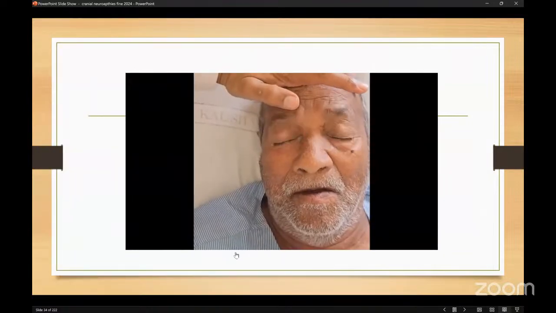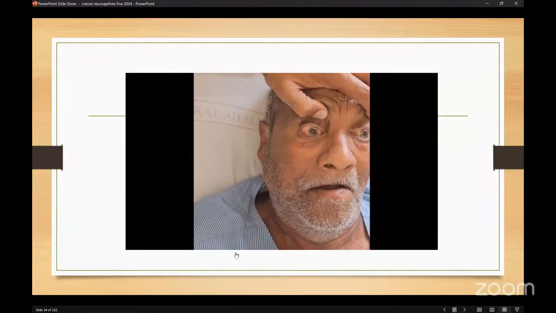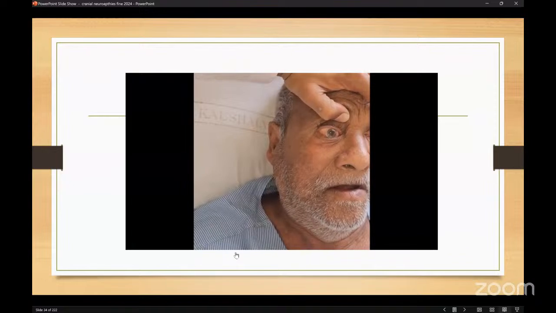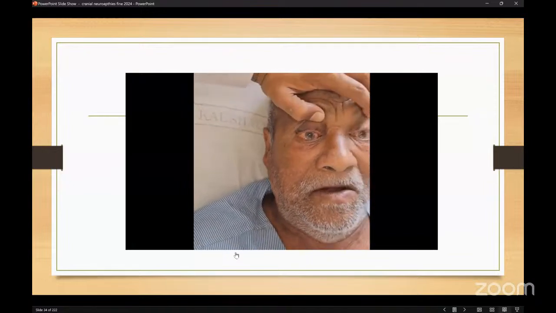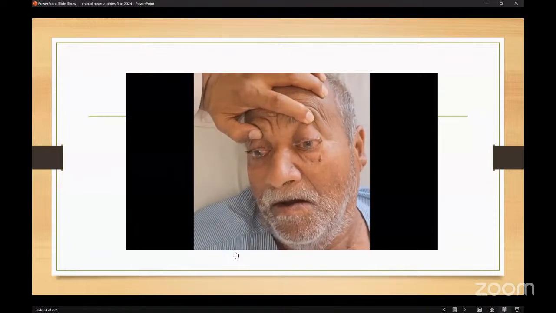Can anybody tell this localization? Patient has bilateral ptosis. So patient has no eye movement happening in any of the positions, and he is trying to demonstrate VOR. Whenever you have impairment in the elevation or depression or adduction or abduction, always try to do VOR.